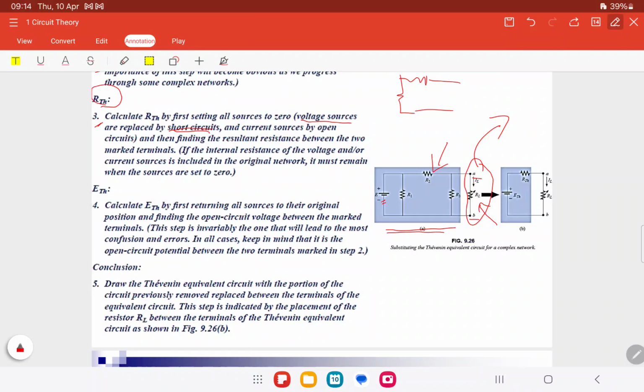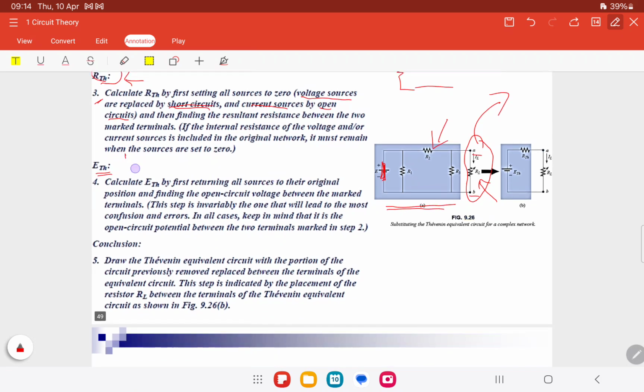And what happens to the current source? Open circuit. All the current sources will be open, all the voltage sources will be short. Short means we replace it with a straight line, we do not care about its value. That is only to get the RTH. So once you have the RTH, just leave the value for now, because next we go to step number 4 to get the VTH or ETH, it is the same.